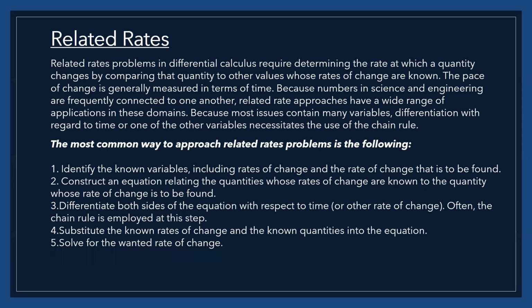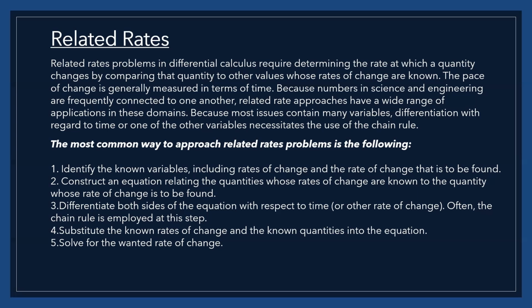The most common way to approach related rates problems is the following. First, identify the known variables, including the rates of change and the rate of change that is to be found. Second, construct an equation relating the quantities whose rates of change are known to the quantity whose rate of change is to be found.